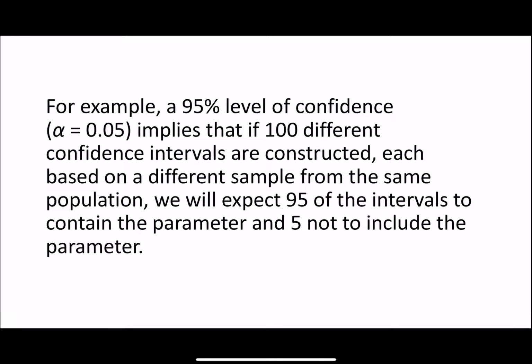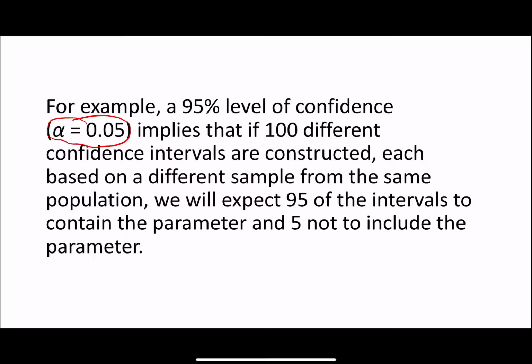So a 95% level of confidence, that's alpha equals 0.05, implies that if 100 different confidence intervals are constructed, each based on a different sample from the same population, we'll expect 95% of the intervals to contain the parameter, and 5 to not include the parameter. So basically, let's just pick a sample size of 100.